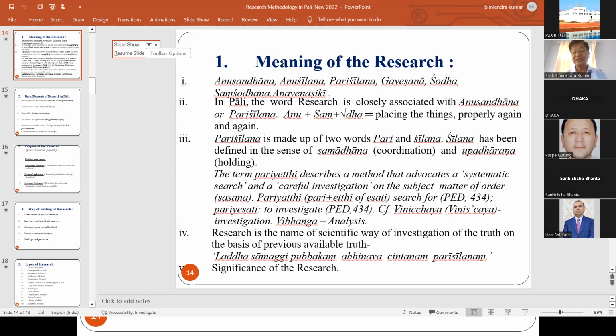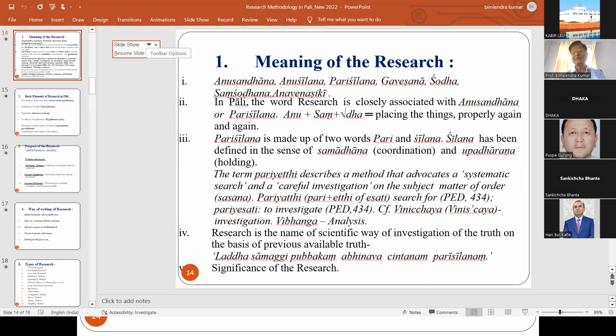But there are so many terms which are available in our Pali text or Sanskrit text, like Anusandhan, Anusilana, Parisilana, Gavesana, Sodha, Sansodhana, and Anuvanchiki. These are some of the terms which are available in our Sanskrit text also.